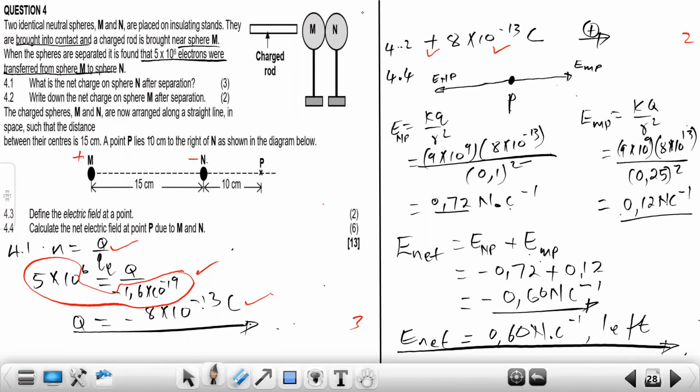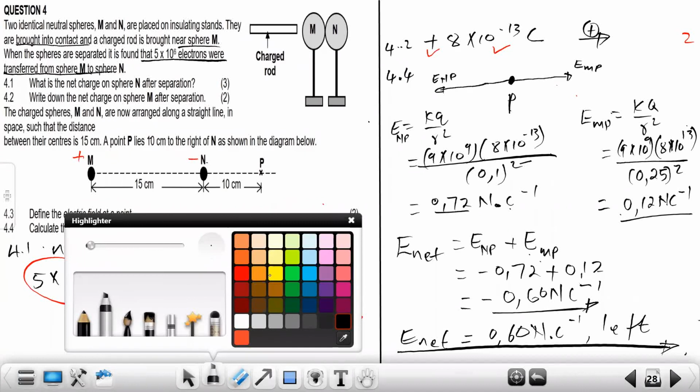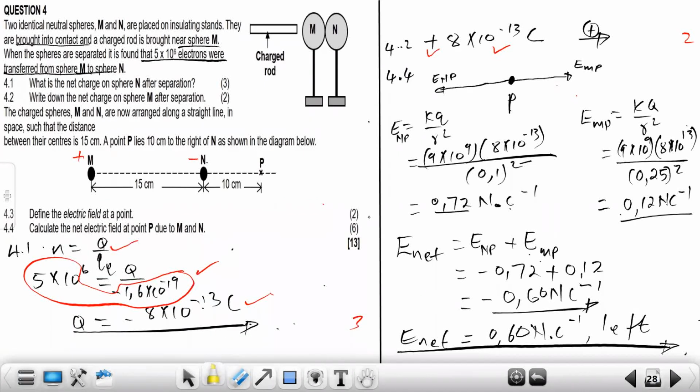I hope everything was clear and straightforward in terms of explaining fully how to approach this type of question. What is key here was us having to draw the correct free body diagram.